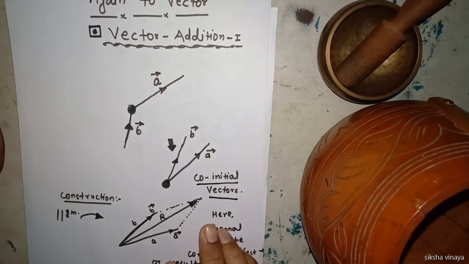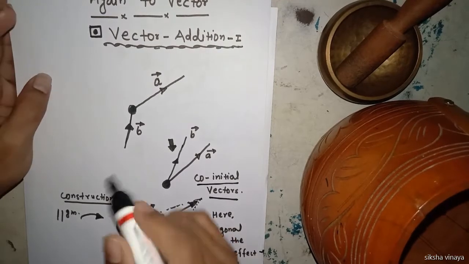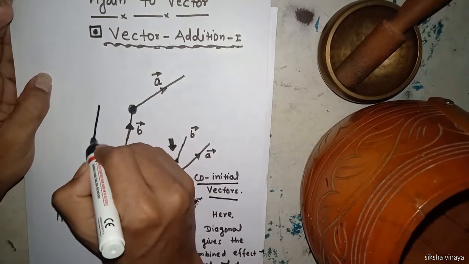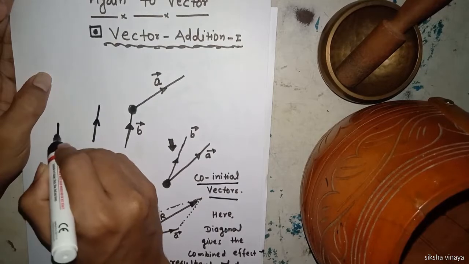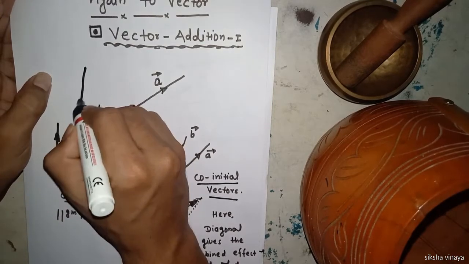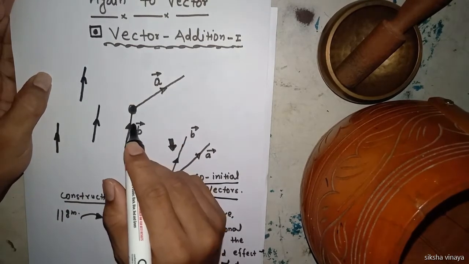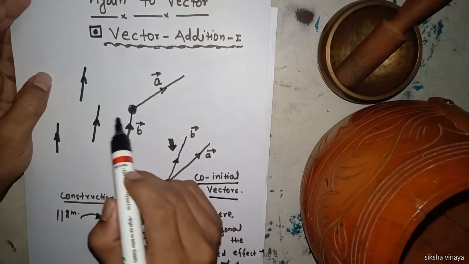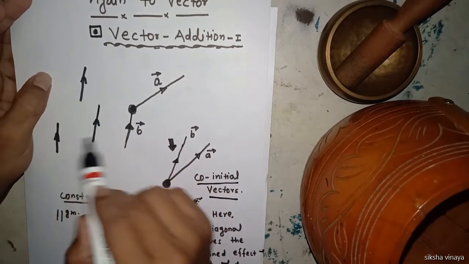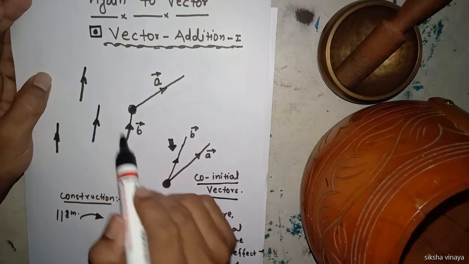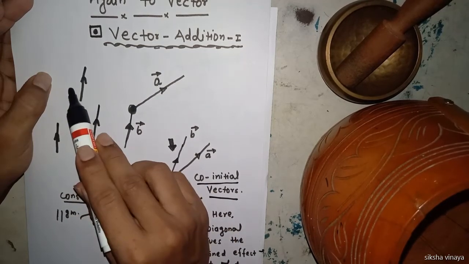Parallel vectors have the same angle, so the direction is same, and if it has the same magnitude, then the vector must be same. Yes or no? So B vector can be taken here, here, or here, no matter, but keeping the magnitude same, and these are parallel. Yes or not? Because the direction is same, they are parallel.